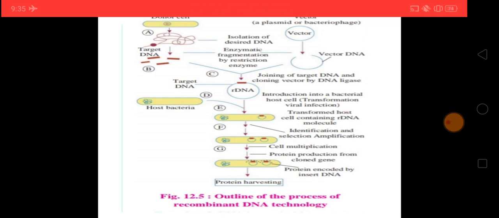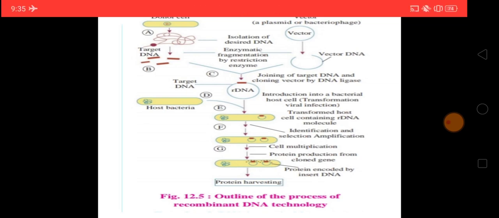So they are cultured inside it. Next is the selection of the transformed host cell. The transformation process generates a mixed population of transformed, that is recombinant, and non-transformed, that is non-recombinant, host cells.